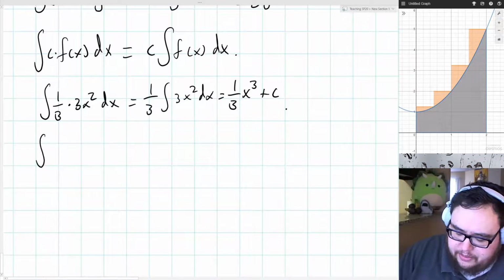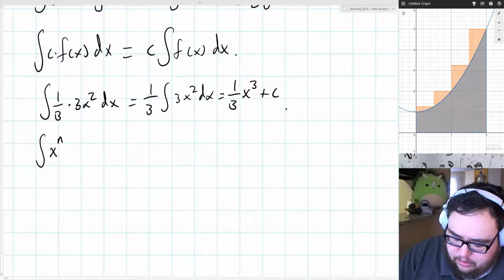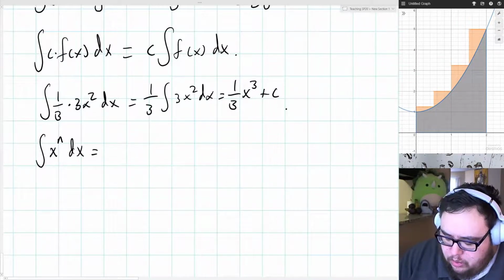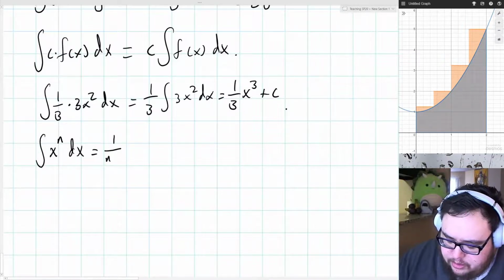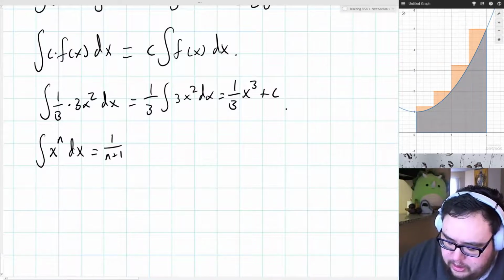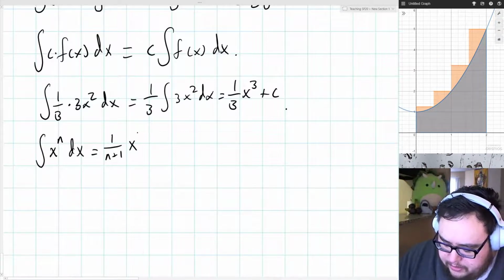The antiderivative of x to the n dx is going to be equal to 1 over n plus 1 times x to the n plus 1 plus a constant.